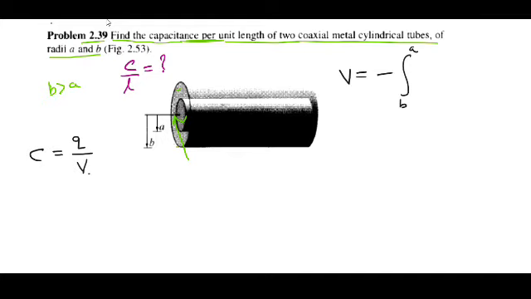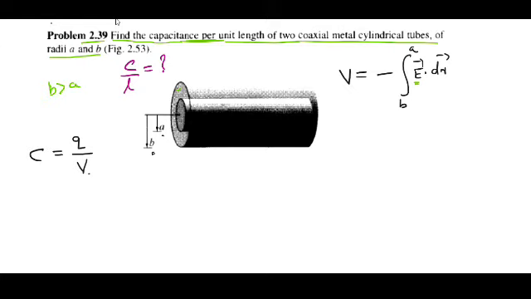Therefore the outer region starts from B, inner region up to A. That is the reference point, that is from this B to A, E dot dr. Then here what is this E?